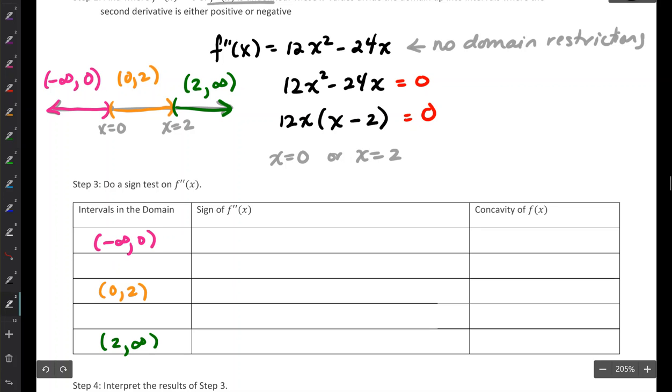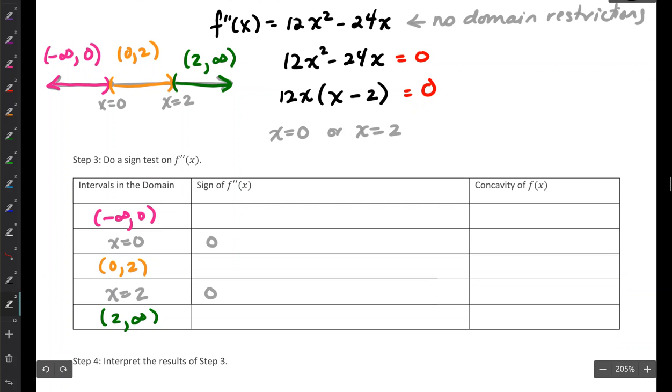And here I gave us an extra line just to emphasize we found at these values that the second derivative is 0. There's no concavity there, but potentially a change in concavity. Okay, so I'm just going to pick a number less than 0, and I'm going to plug it into f double prime. I like doing that in factored form. So something less than 0, like minus 10.